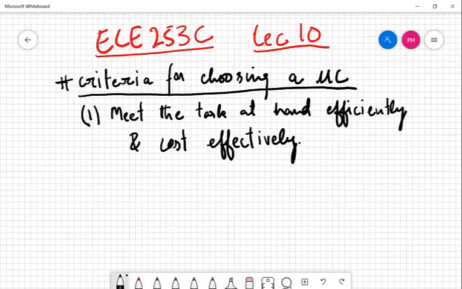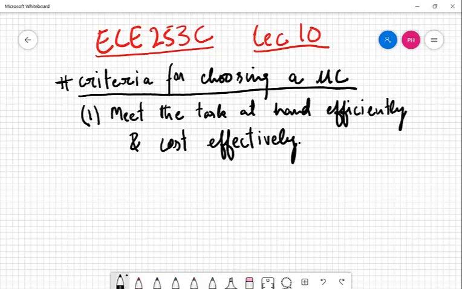There may be three microcontrollers which can do my job efficiently, but one may be very cheap and the others less cheap. So to do the job cost effectively, I will choose the cheapest one. But at the same time, that microcontroller should do the task efficiently.